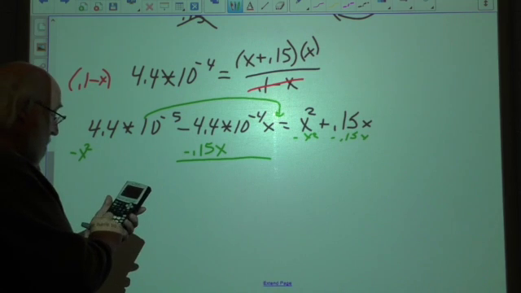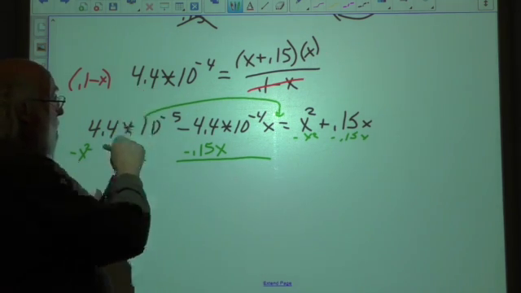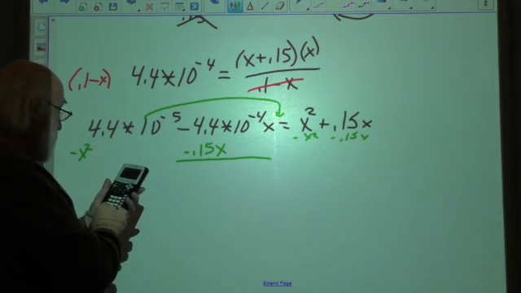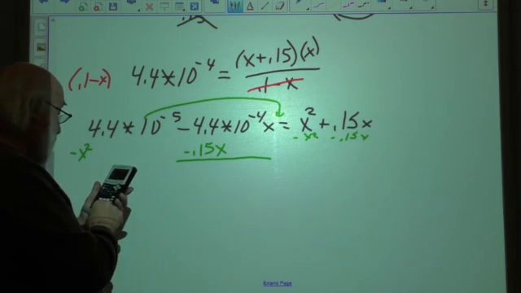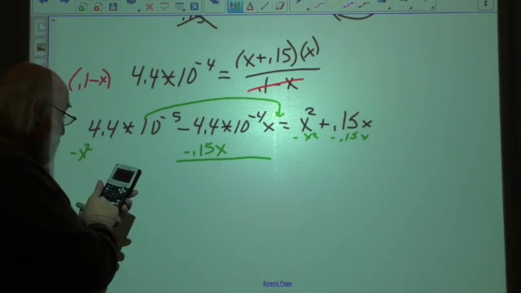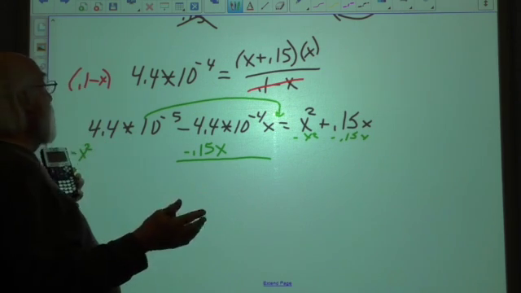I'll do that with my calculator. You get the same thing. We probably just go ahead and take care of that right up there. Let's do that. So negative 0.15, I may have subtracted instead of add, I think I did. Minus 4.4 e negative 4, and we get 0.150.